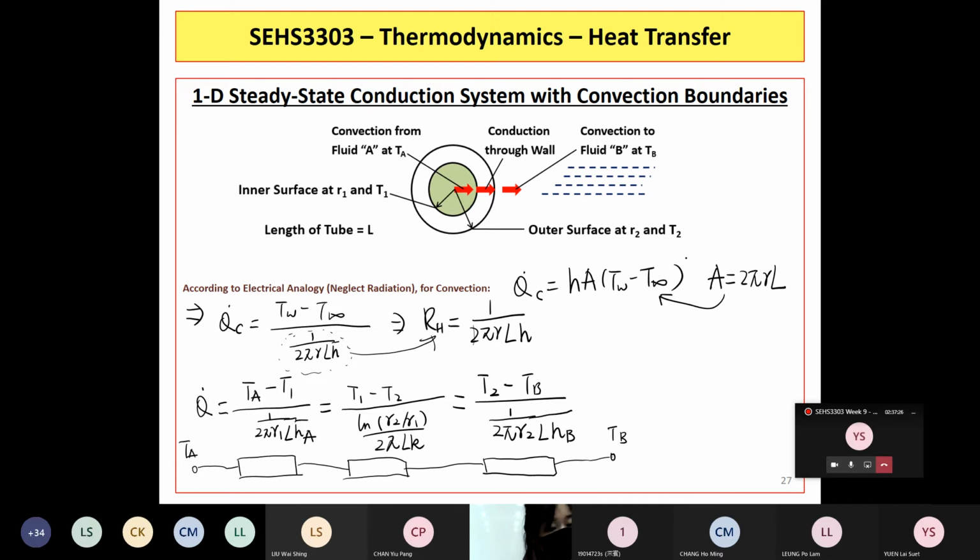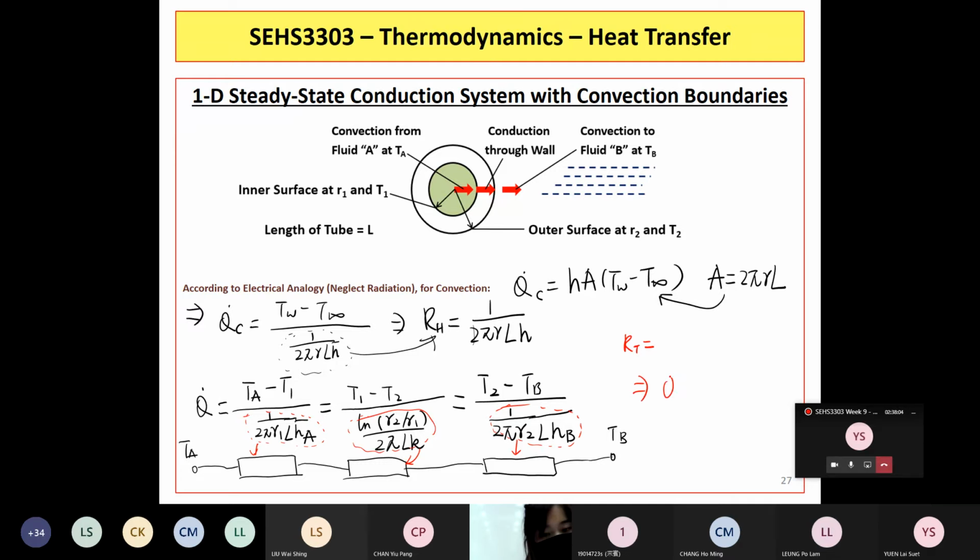For the thermal resistances, this one should be the conduction resistor. This is a convection resistor. So RT is the sum of these three.